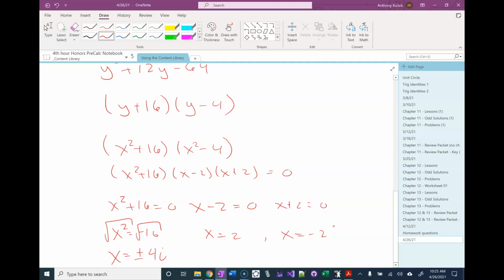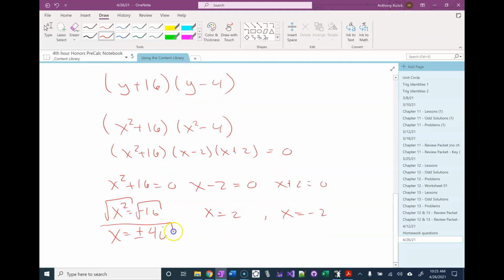And since none of those are repeated, they all have multiplicity 1, and that's it. I would do it that way without doing any synthetic divisions, because that to me feels much faster. I don't have to get my calculator out and look at a graph at any point. But you could have done it with synthetic division still. That's perfectly fine.